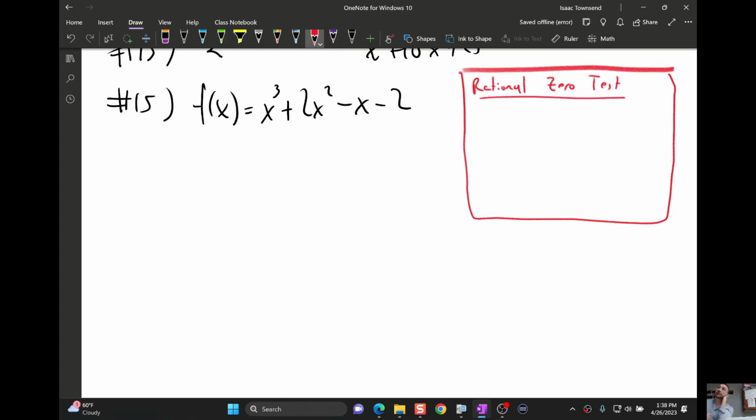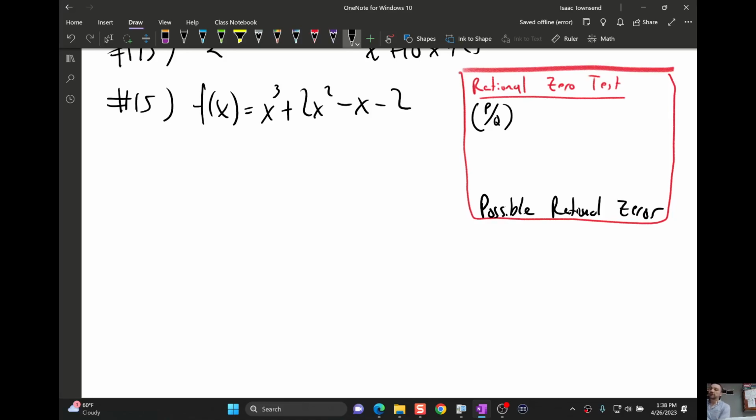The rational zero test, which is oftentimes just called the P over Q test, is a way to find the possible, important word, rational zeros.